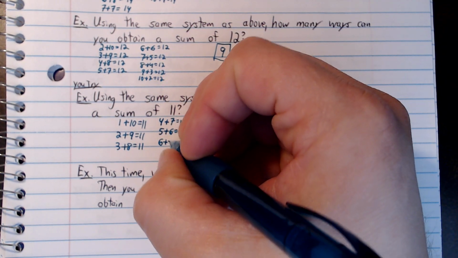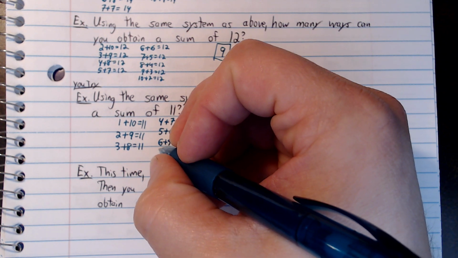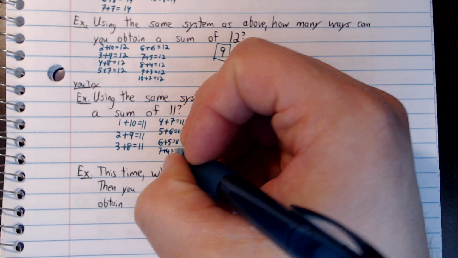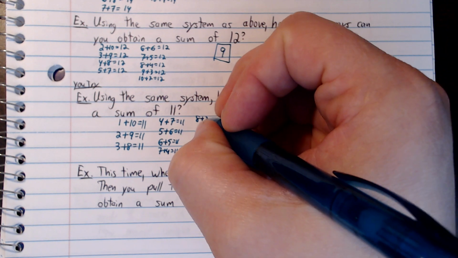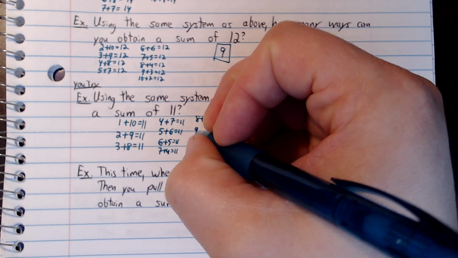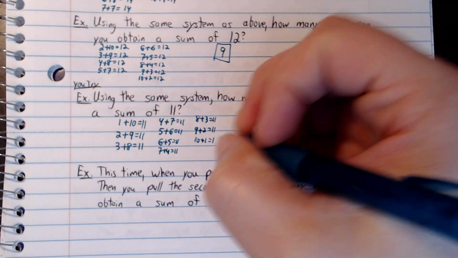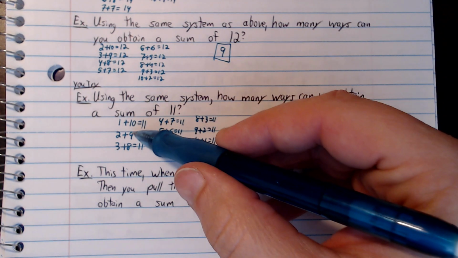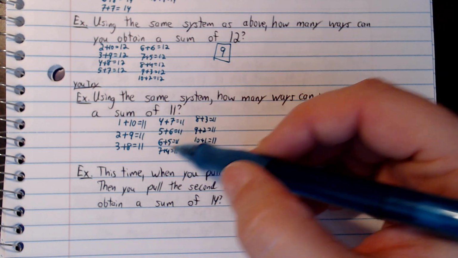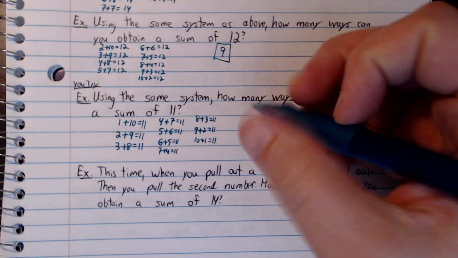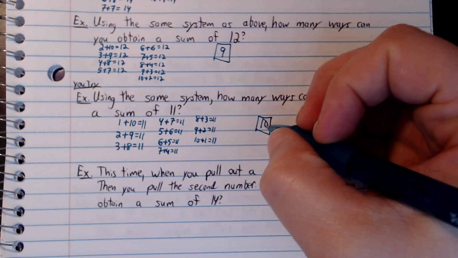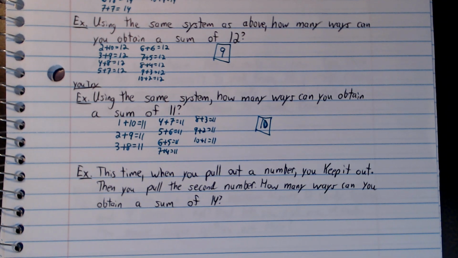So 6 and 5, 7 and 4, 8 and 3, 9 and 2, and then 10 and 1. So let's see, 1, 2, 3, 4, 5, 6, 7, 8, 9, 10. 10 different ways to obtain a sum of 11.